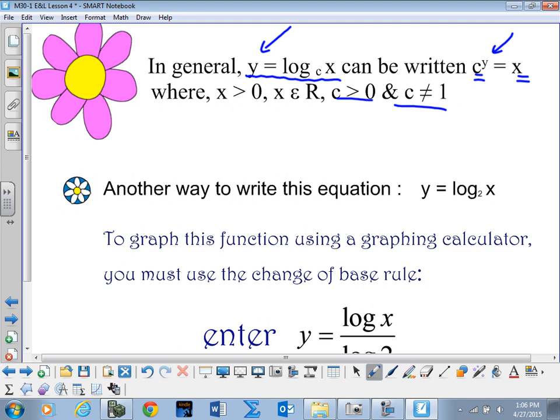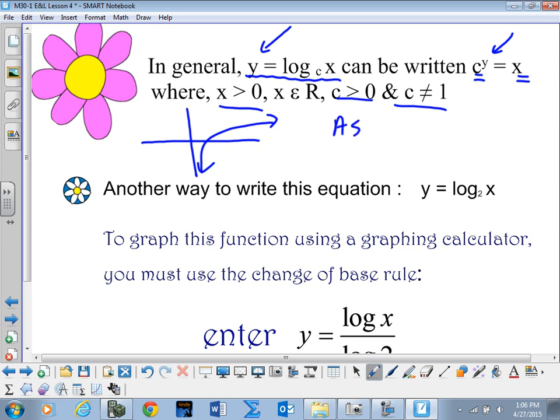But in the log graph, we have x greater than 0. That is the domain of the log graph. X is greater than 0, not equal to, because of the asymptote.